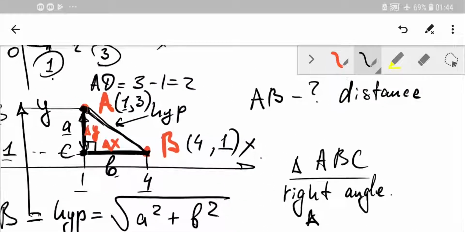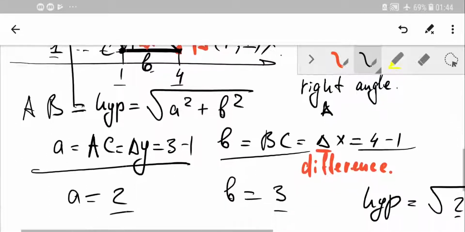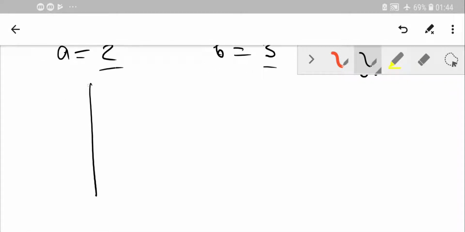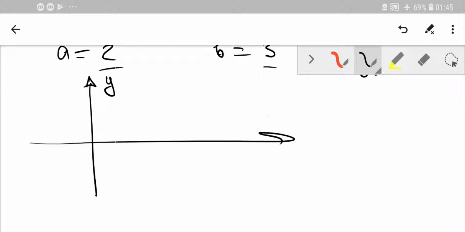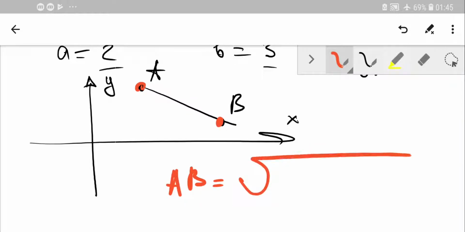To recap one more time, in order to find the distance, I'll do just one new example. Let's say we have a segment, AB points with the corresponding coordinates, and now in order to find AB as the distance, you simply need to find the change in x coordinates between A and B, square it, and add the change in y coordinates, squared.